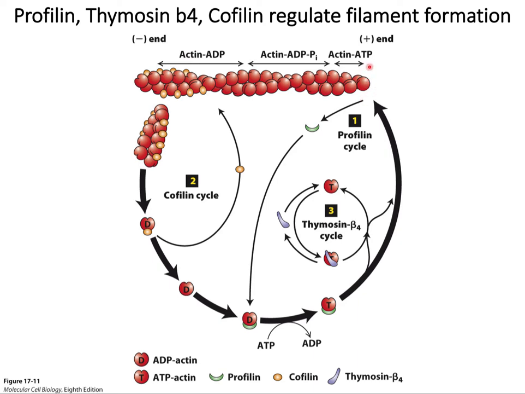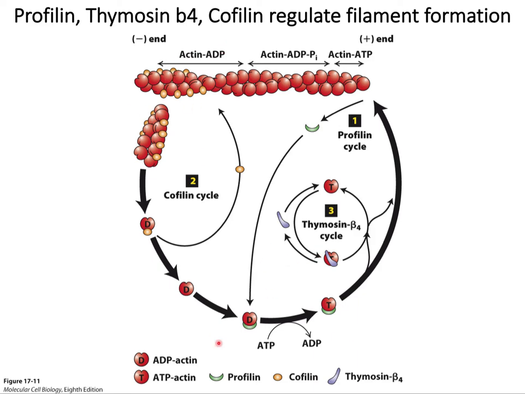What is interesting is that profilin has a second function because of where profilin binds on G-actin. This function is not shown on this slide. The second function of profilin is that it physically prevents the interaction of this ATP-bound G-actin monomer at the minus end.